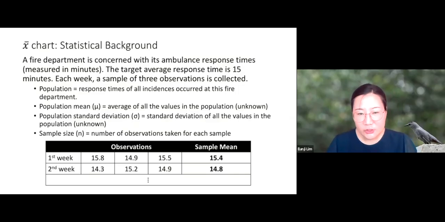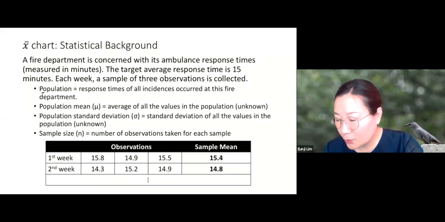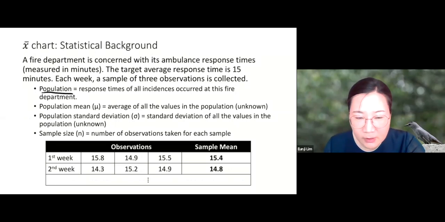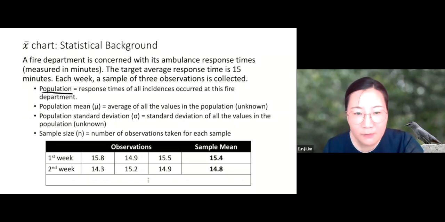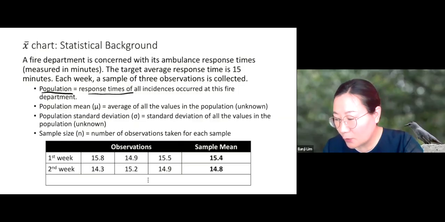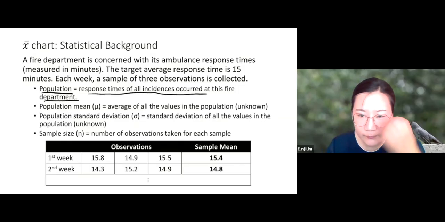Now, you probably learned sampling in your statistics course, so I want to review some of the definitions you learned in your statistics course. First, we have a term called the population. The population consists of all the response times of all instances occurred at this fire department.